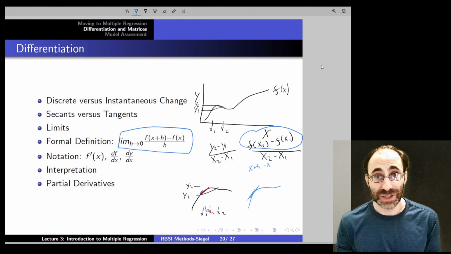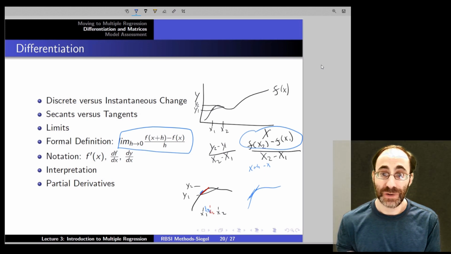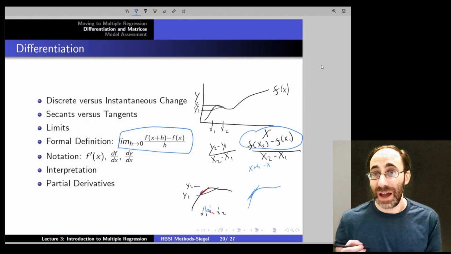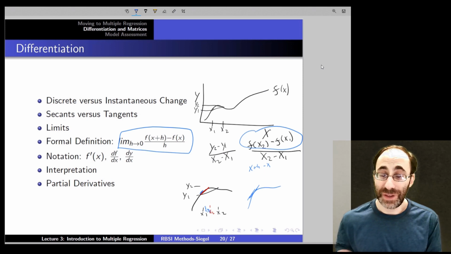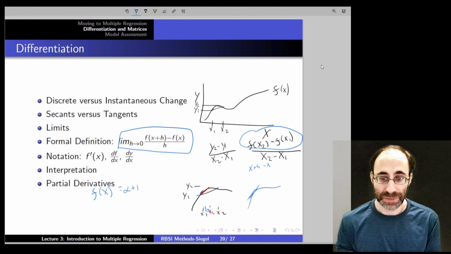And you can actually use the definition to calculate some derivatives in a pretty straightforward fashion. So for instance, I claim that the derivative is the slope of a line at a point. What about if the line is just a line? What if the function we care about is the one we've been dealing with all the time, which is alpha plus beta x? Well, what's the derivative of that?